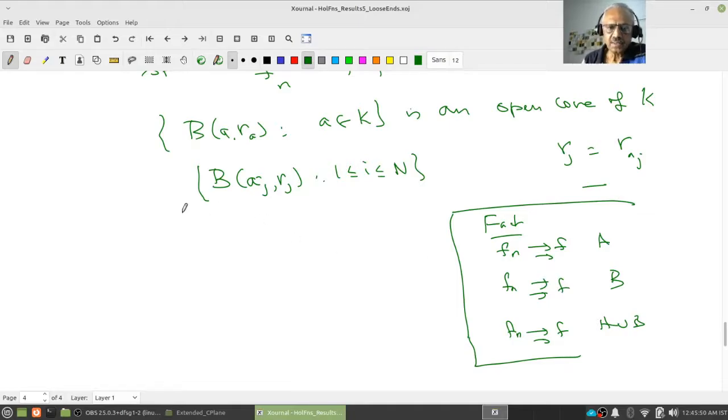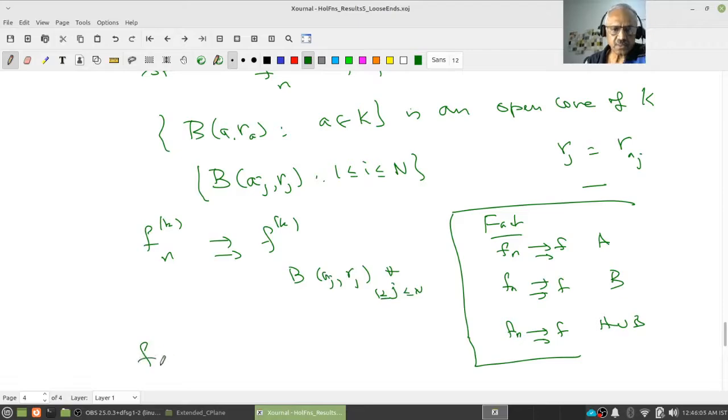Since the kth derivative of F_n converges uniformly on each and every closed ball for all j, 1 less than or equal to j less than or equal to N, I concluded the kth derivative of F_n converges to this uniformly on the union.